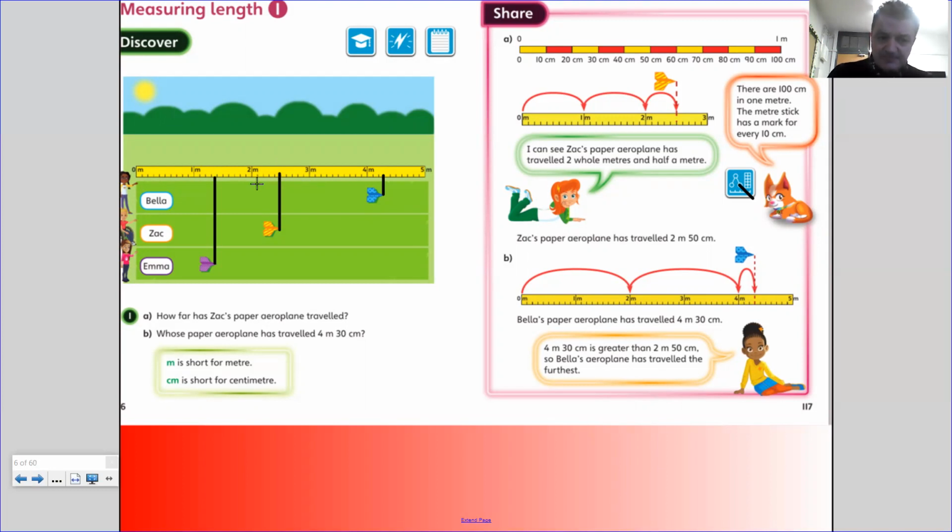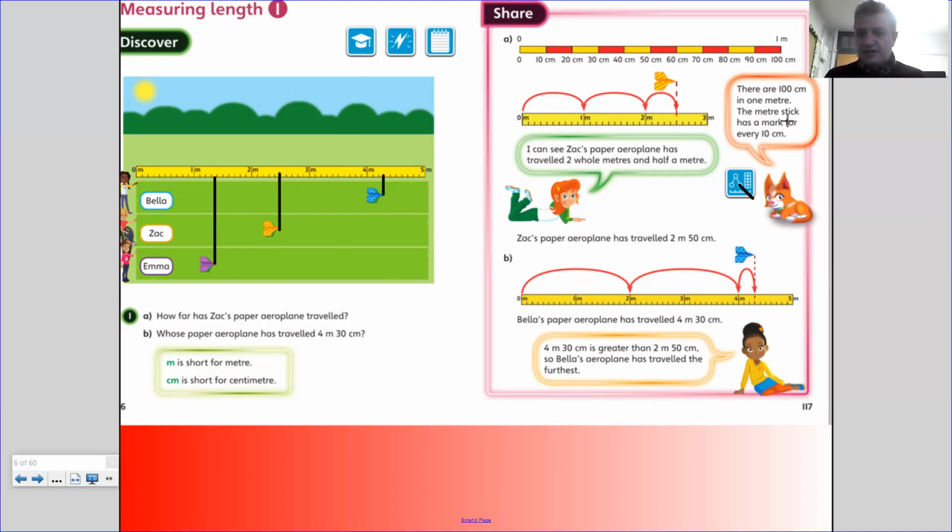With meters, each of these units is going to be 10 centimeters: 10, 20, 30, 40, 50, 60, 70, 80, 90, 3 meters. Remembering there's 100 centimeters in a meter. So how far has Zach thrown his paper aeroplane? Over 2 meters, 2 meters 10, 2 meters 20, 2 meters 30, 2 meters 40, 2 meters 50.